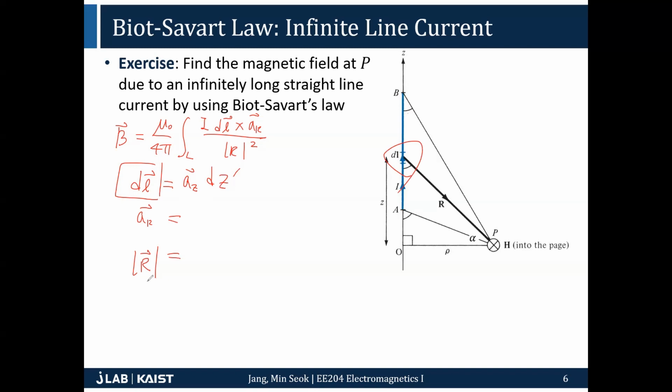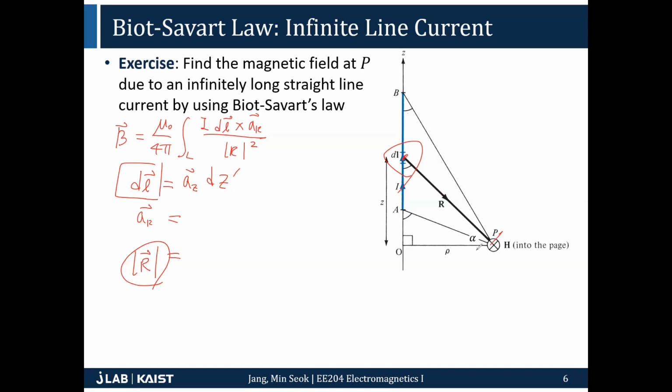Okay. Then what is R in this case? We use a cylindrical coordinate in here. So what's R? Can anyone type in what's R? This absolute value of R, the distance from here to here, right?